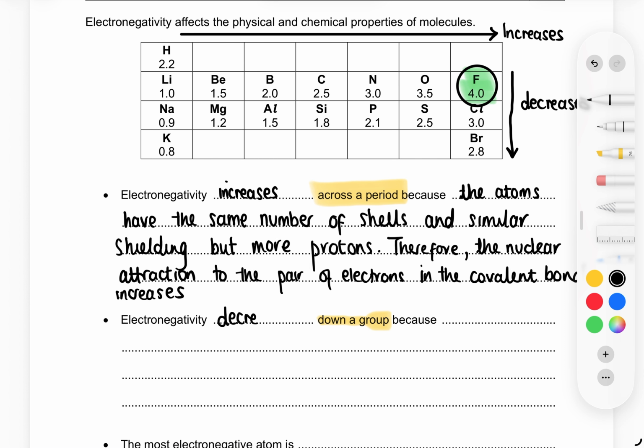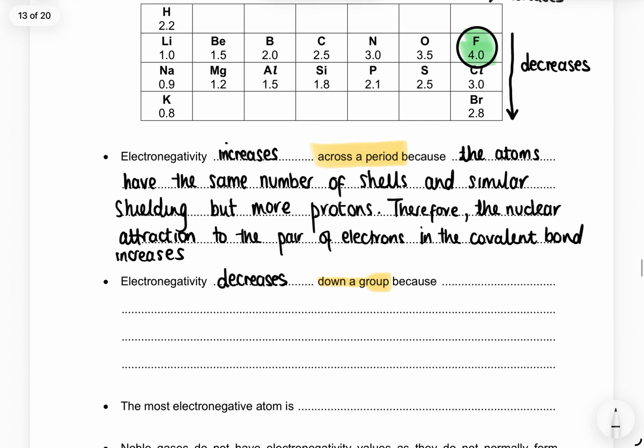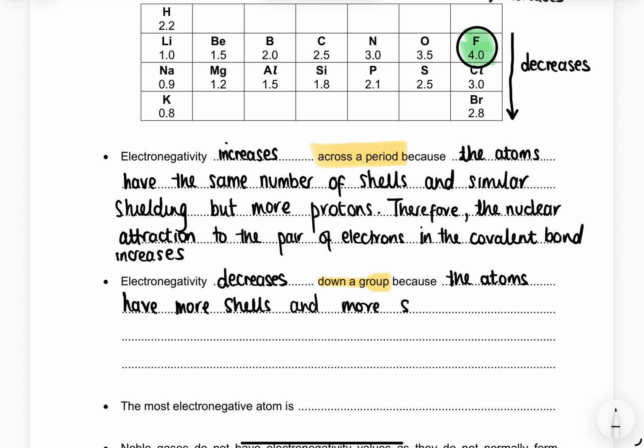As we go down a group, electronegativity decreases, because if we look as we go down a group, the atoms get more shells. Remember, the definition's about atoms, so make sure your explanation's about atoms. They have more shells and more shielding.